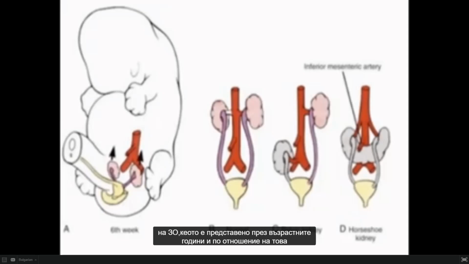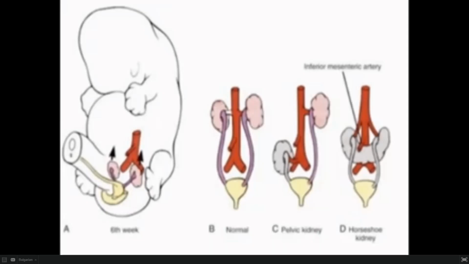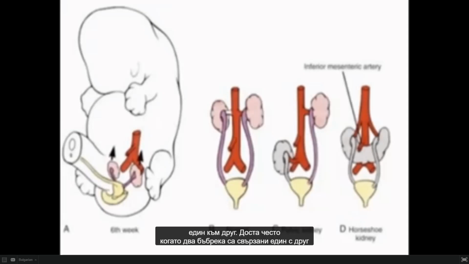And regarding this positioning, we have different distances between the kidney and bladder. And also, we are able to have a different positioning between two kidneys to each other.